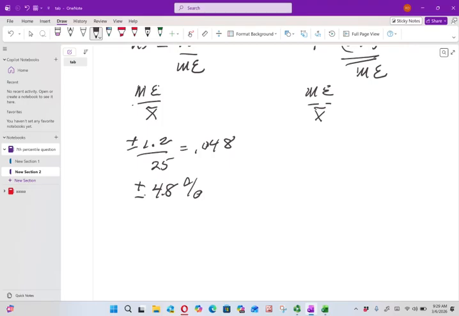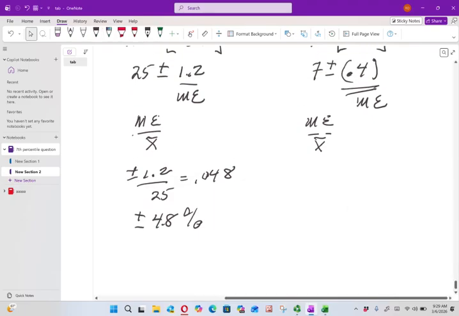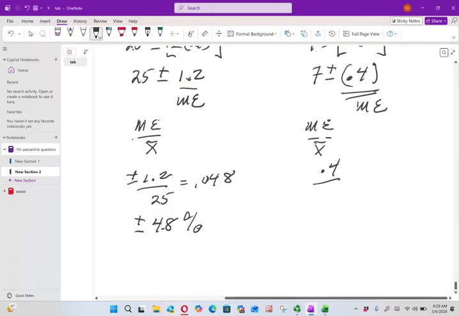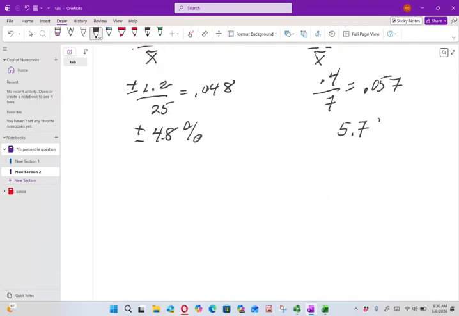For the Canadian liters per 100 kilometers, it's 0.4 divided by 7, which is 5.7%.